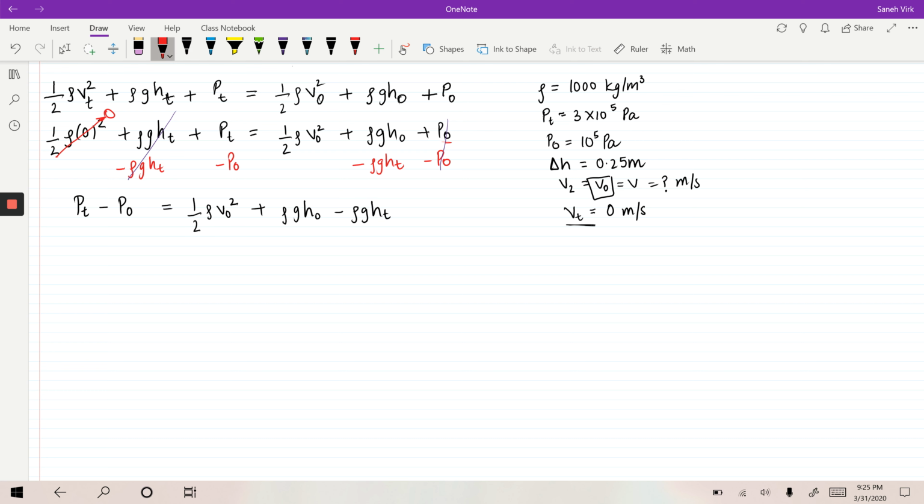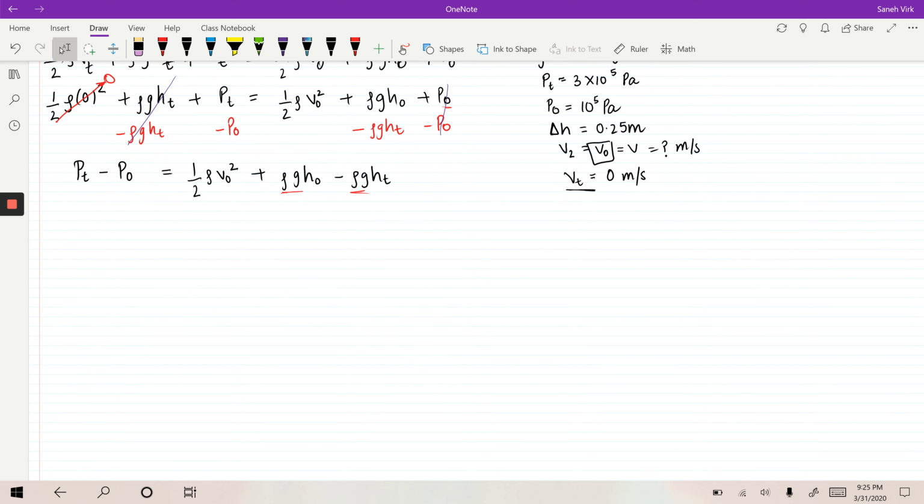We can take rho g as common factor here, which gives us pt minus p naught equals 1/2 rho v naught squared plus rho g (h naught minus ht).